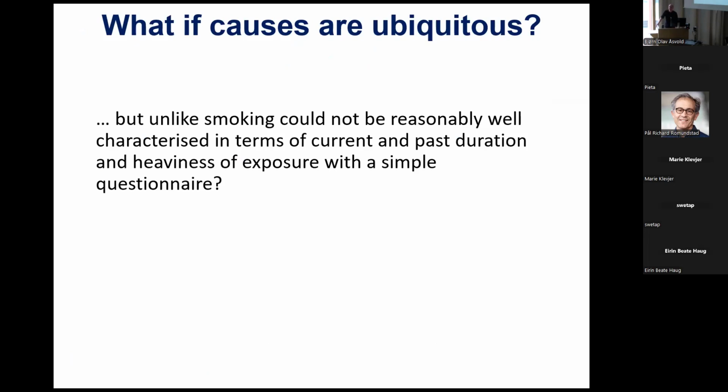So what if the causes are ubiquitous within contiguous geographical regions? Often within large, administratively joined regions, the exposures are just spread.